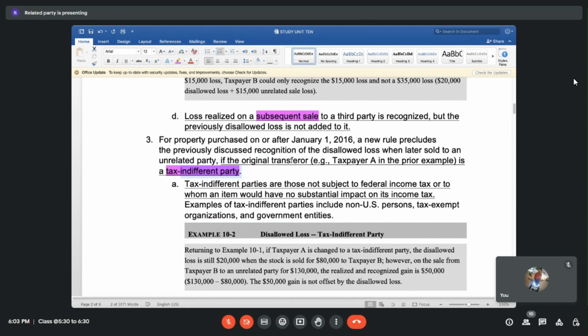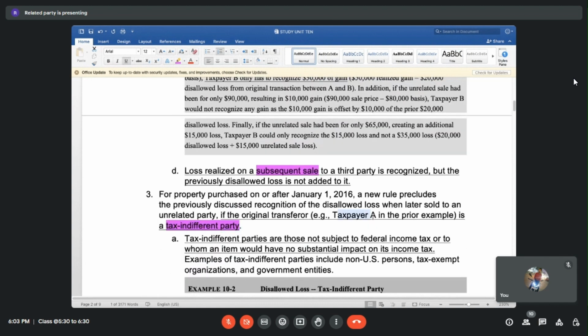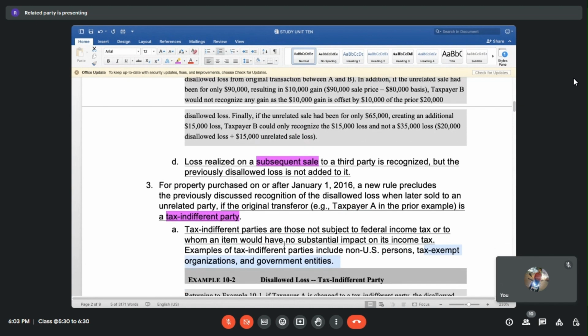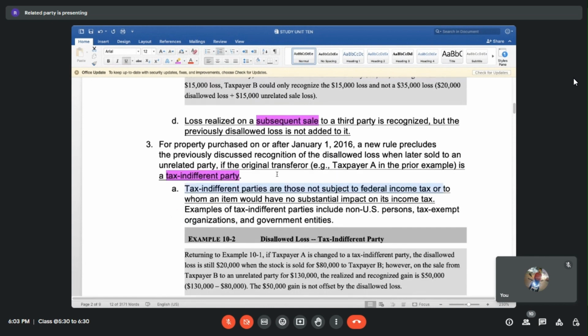So what they're saying is, if there is a transaction between A and B and A is tax indifferent, it doesn't matter whether the transaction is taxable or non-taxable, because maybe it's an exempt or charitable organization, and they are not paying taxes anyway. Then how would the treatment take place? Tax indifferent parties are those not subject to tax.